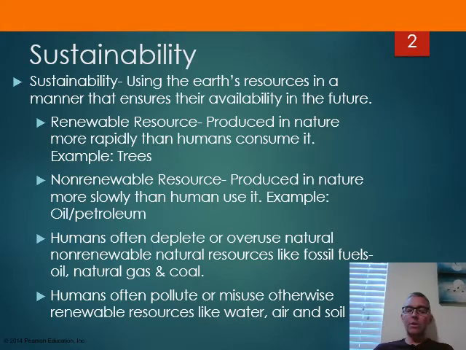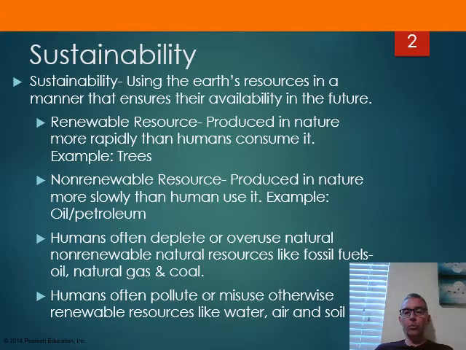We use them as a major food source, and there are major concerns that practice is not sustainable. That even with fisheries management, we're overfishing the oceans, and that practice is not sustainable. There's not going to be as many fish available for future generations as there are today or as there were 20 years ago. And so that's how we look at sustainable practices in geography.